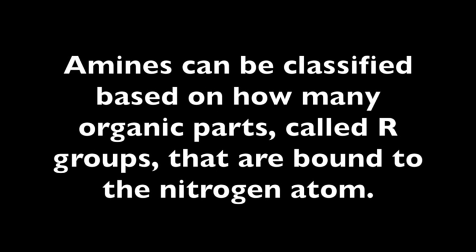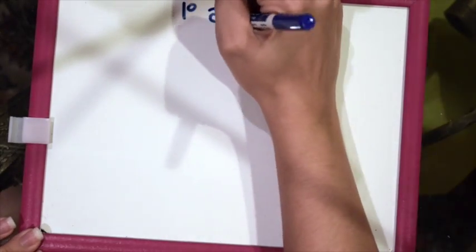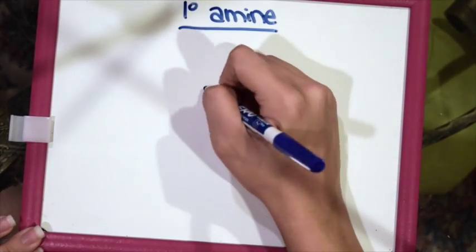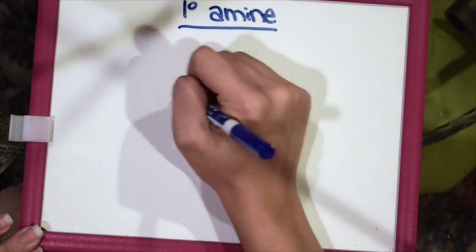Amines can be classified based on how many organic parts, called R groups, are bound to the nitrogen atom. In primary amines, a nitrogen with a lone pair is bonded to one R group and two hydrogen atoms.